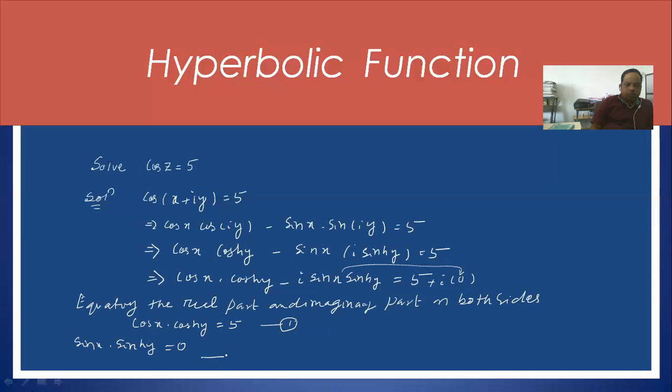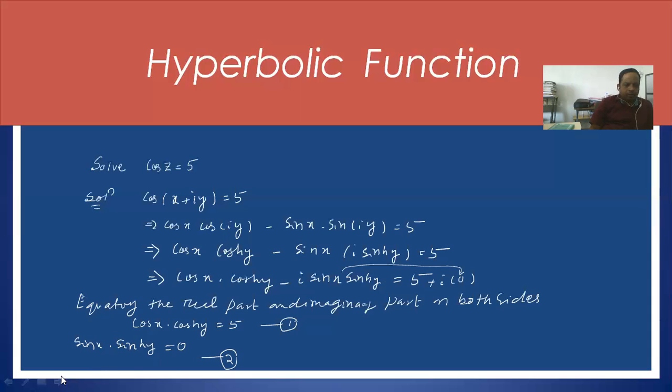That is equation number 2. Two equations are given, equation 1 and equation 2. From these we can extract the values of x and y. How to extract the values of x and y, we discuss.